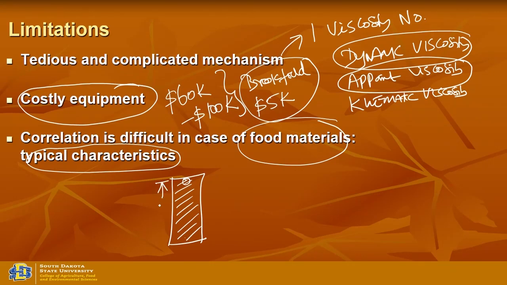From that value, the density of the ball and the density of the liquid, you do all the calculations, and the viscosity value you get is called dynamic viscosity. That dynamic viscosity is different than the apparent viscosity you characterize. The reason it's called dynamic viscosity is it is in relation to the density of the material you are measuring.